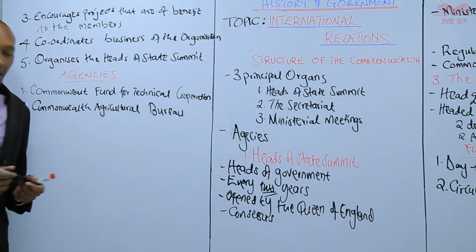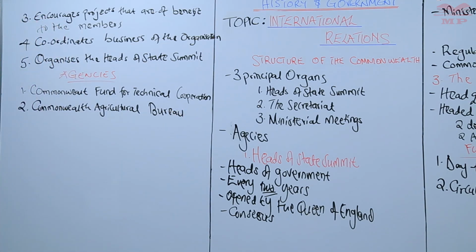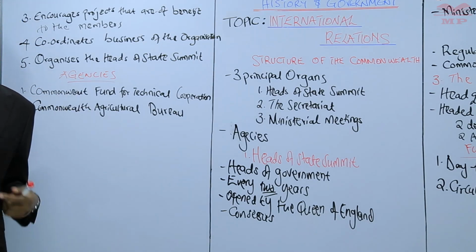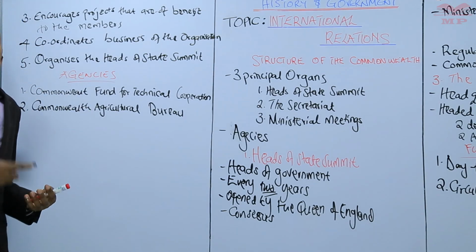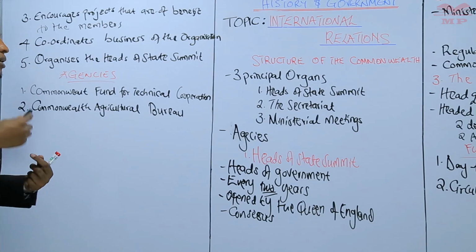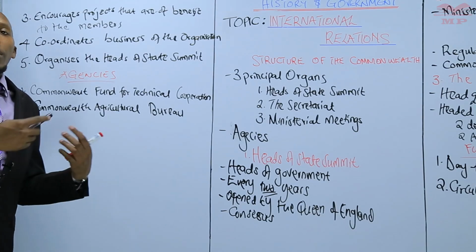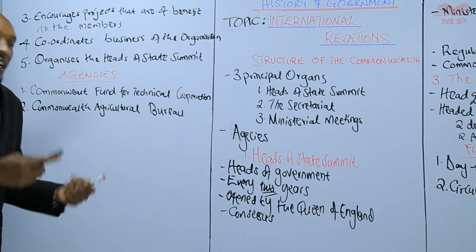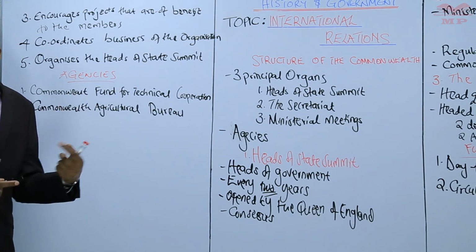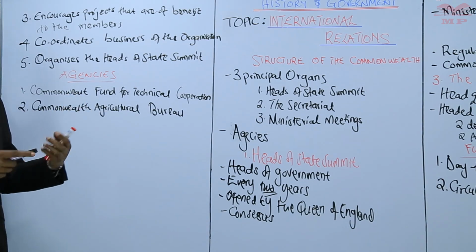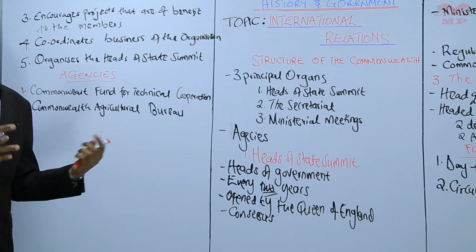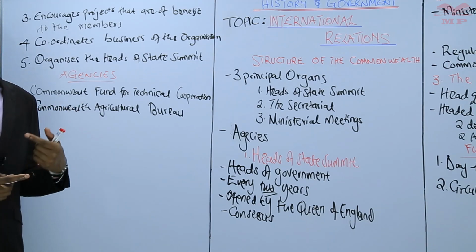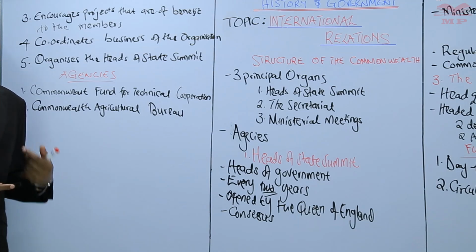This is another agency of the Commonwealth, and this is concerned with assisting the countries in agricultural production. It provides technical support to the members in terms of agricultural development. It carries out research on different fields in agriculture to make sure that the members of the Commonwealth have sufficient agricultural production.